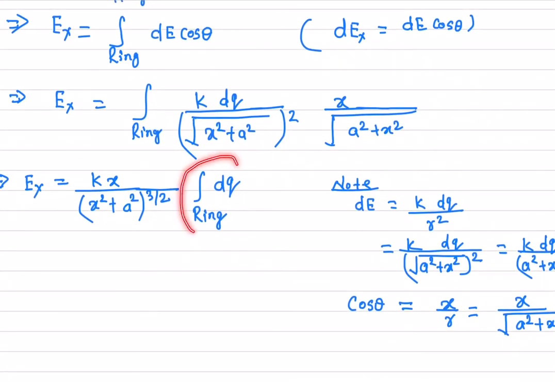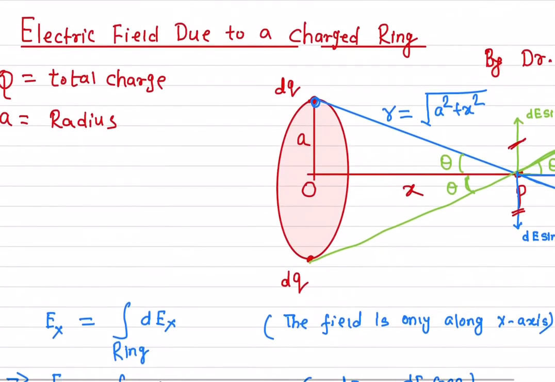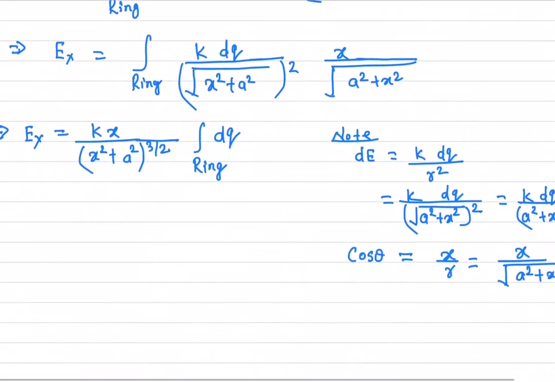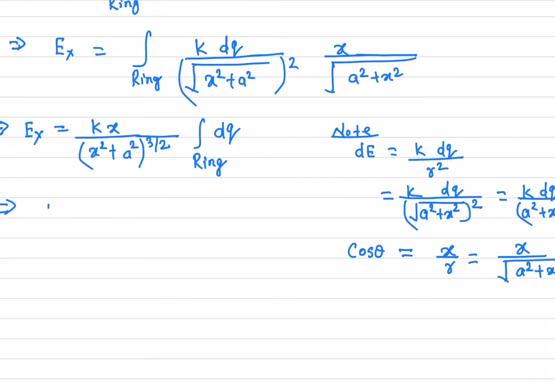Okay, so what does this mean? This means if I add up all the elementary charges dq at all locations, then that gives me the total charge on the ring. So this will be equal to k x, and this value is now equal to the total charge on the ring, q, over x squared plus a squared to the 3/2.